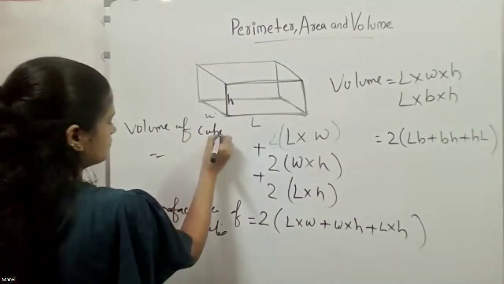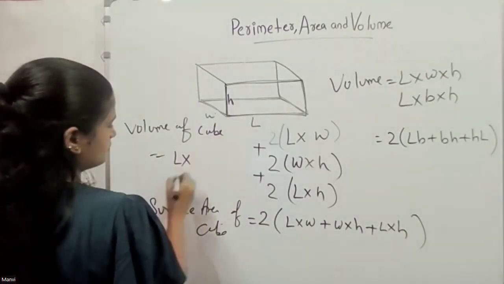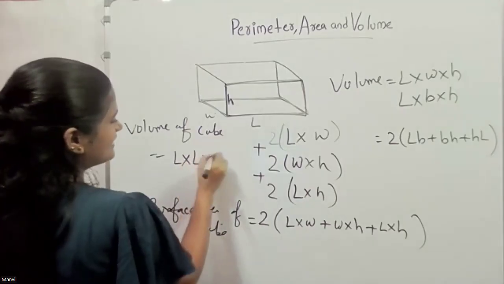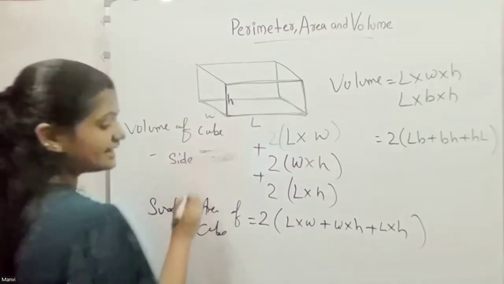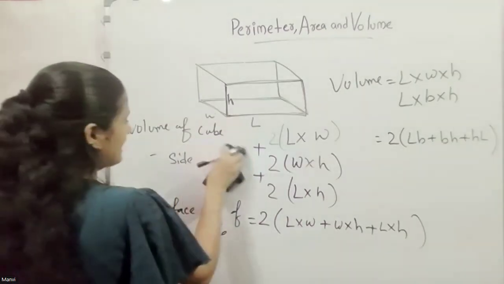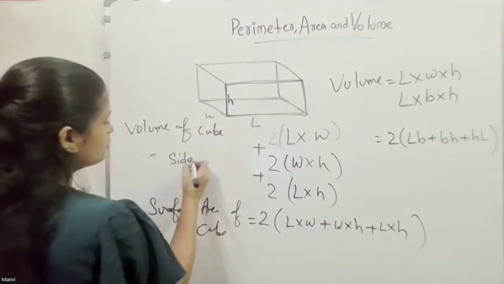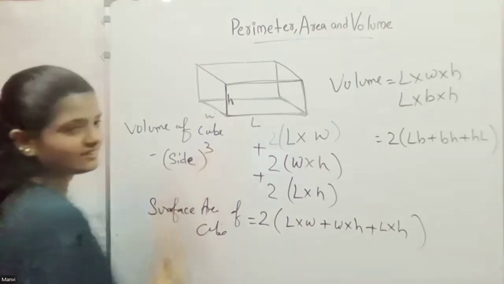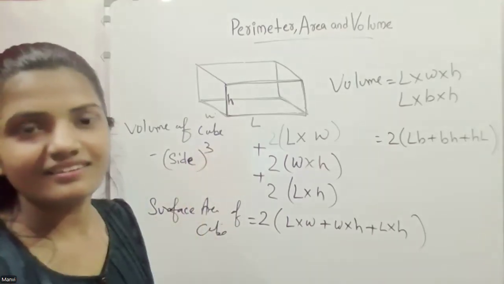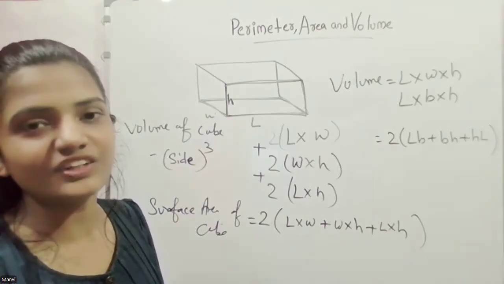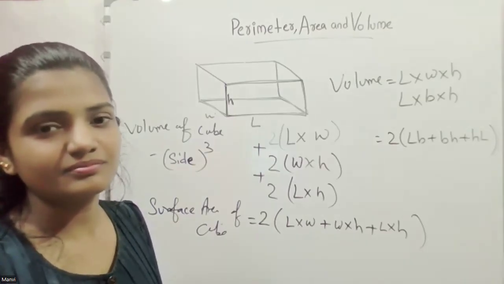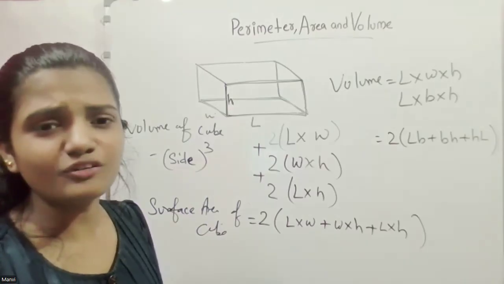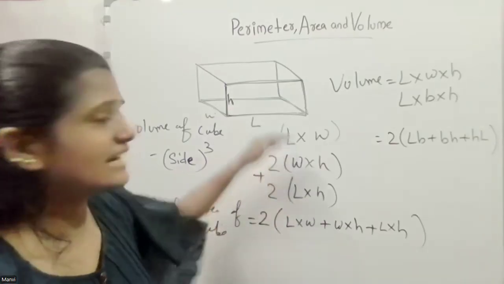The length means side times side, which is side to the power of 3. We're multiplying 3 times, right? The same thing. Is it 24? Why 24? We didn't know the side length.